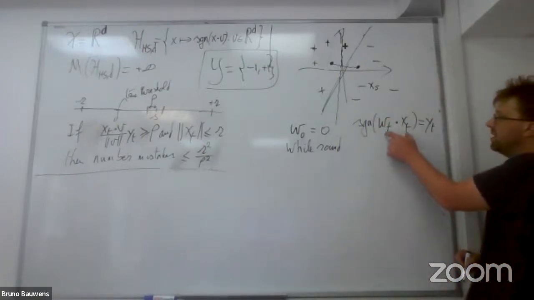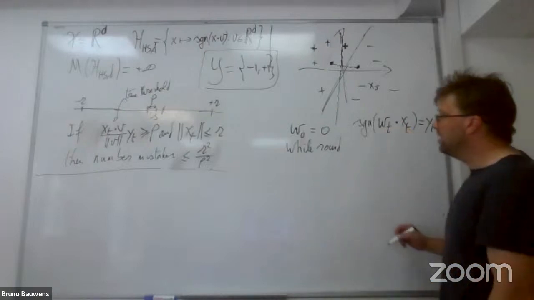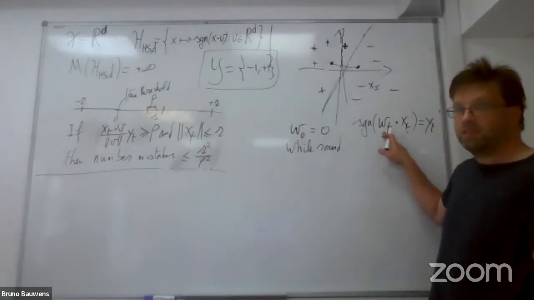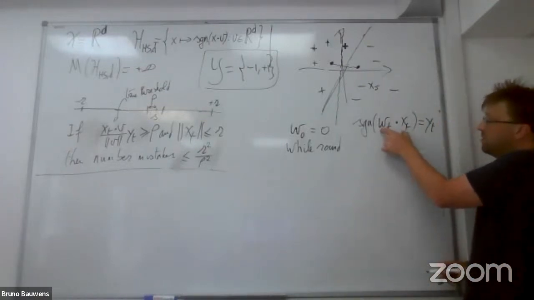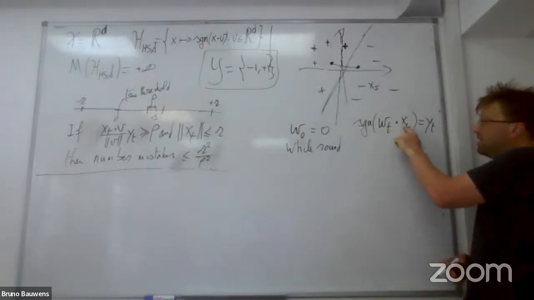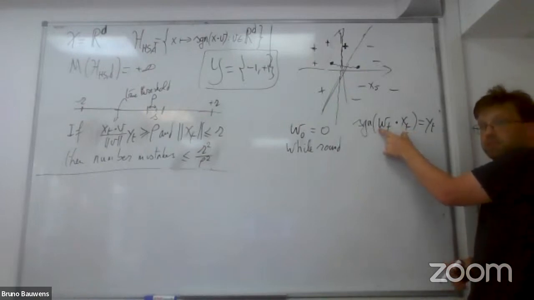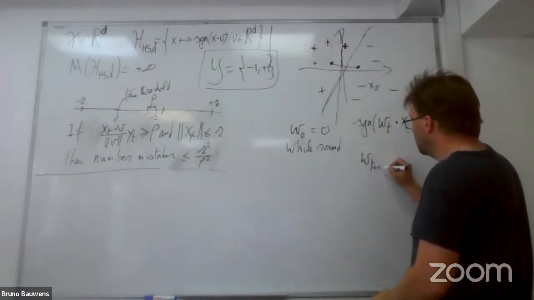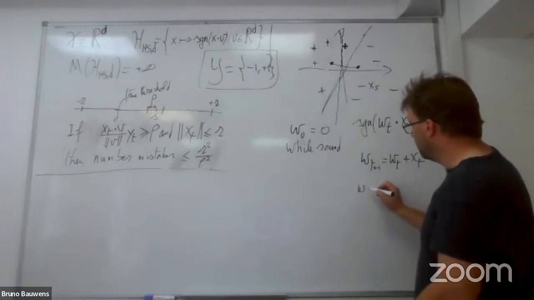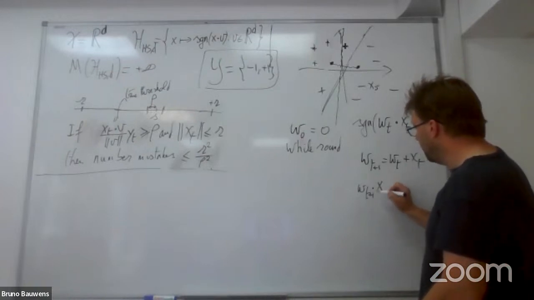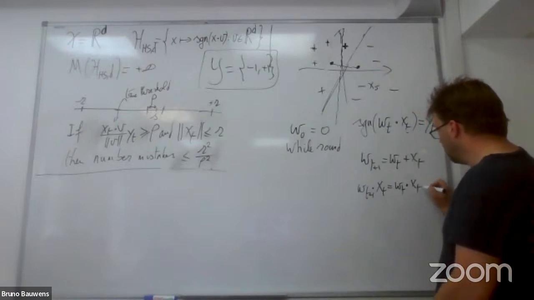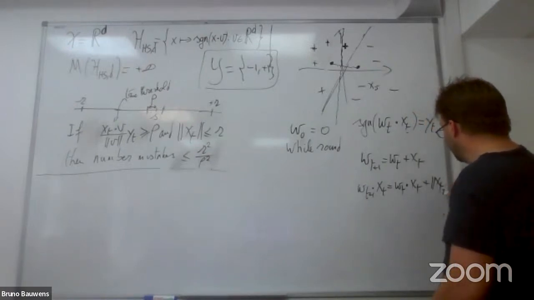The plan is that if XT is wrongly classified, he will add XT to WT if it's positive and subtract it if it's negative. So when it's positive, if it predicts negative but it should be positive, then by adding XT, the dot product increases. If WT plus 1 is equal to WT plus XT, then we see that the dot product of WT plus 1 and XT is equal to WT times XT plus the norm of XT squared.